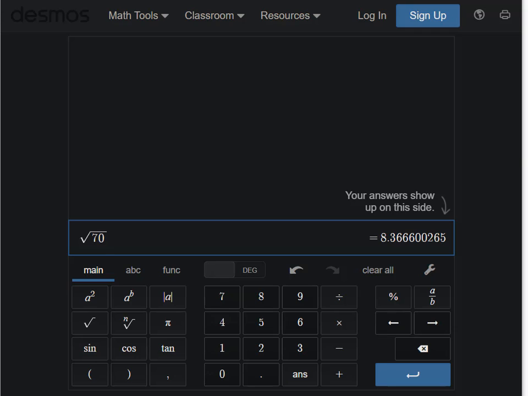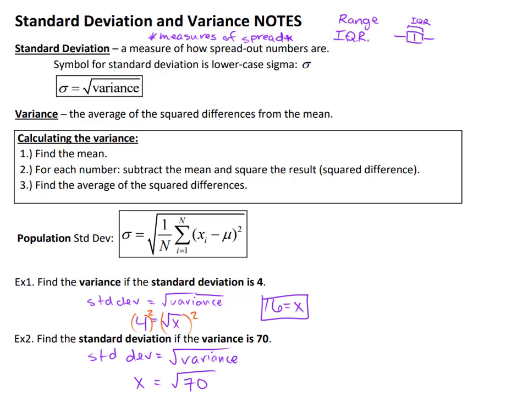We'll say about 8.4. So x, our standard deviation, is about 8.4. Okay, so there's our standard deviation.